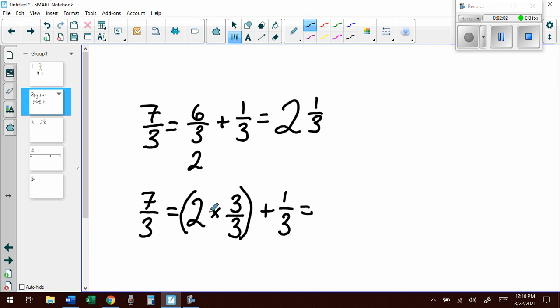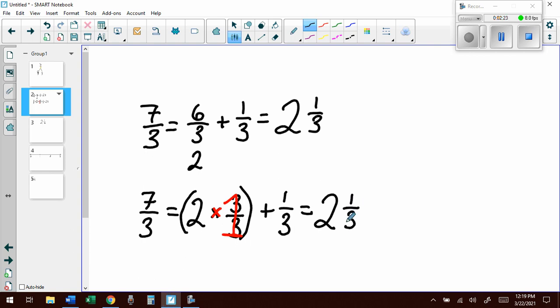So here you have 2 times 3/3, which is, in all reality, 2 times 1, because 3/3 is 1 whole. 2 times 1 equals 2, plus your additional 1/3.